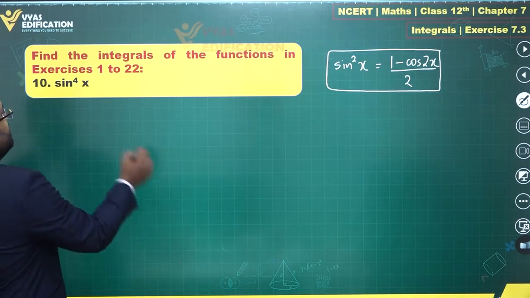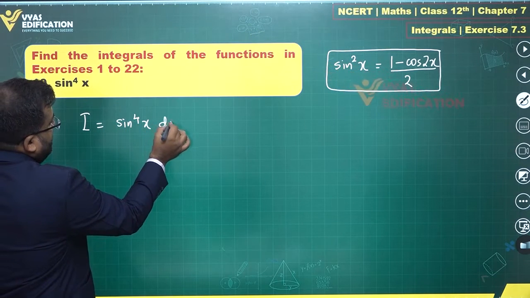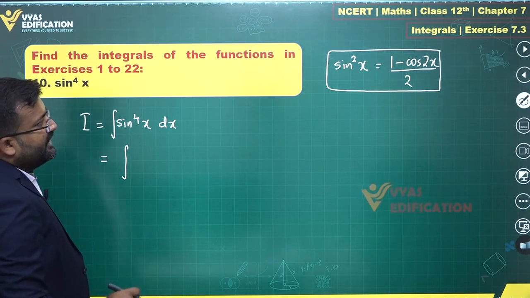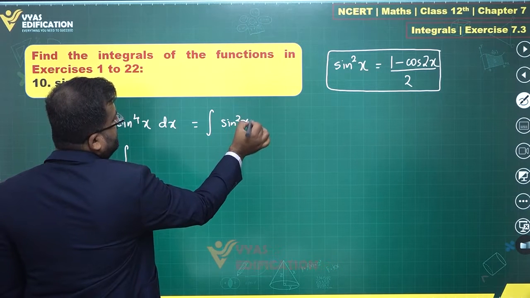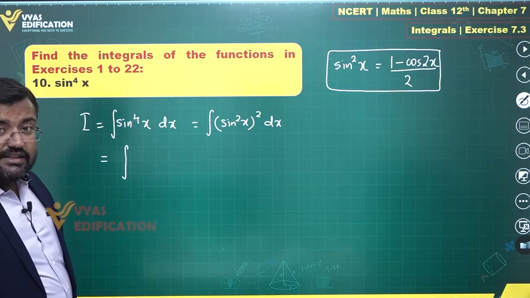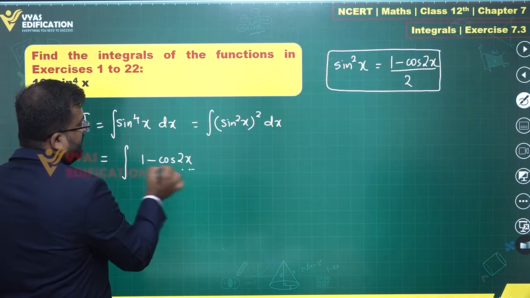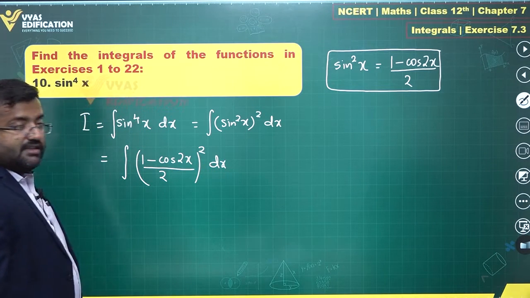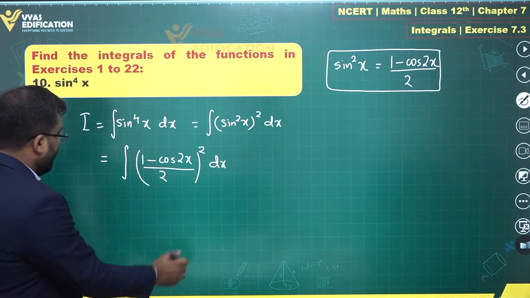So I is equal to the integral of sine power 4x dx. This becomes the integral of sine square x, whole squared, dx. This sine square x, I'll write it as 1 minus cos 2x upon 2, whole square, dx. This denominator 2 will be squared and it will become a 4, which can be taken outside.